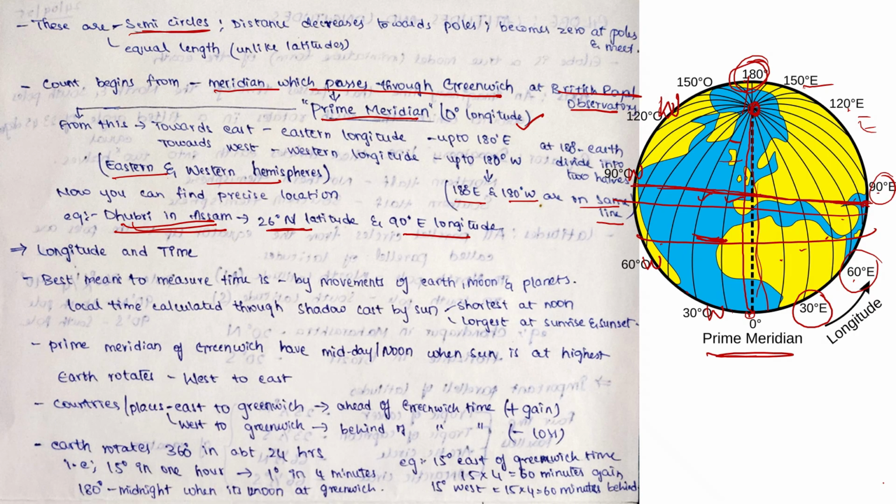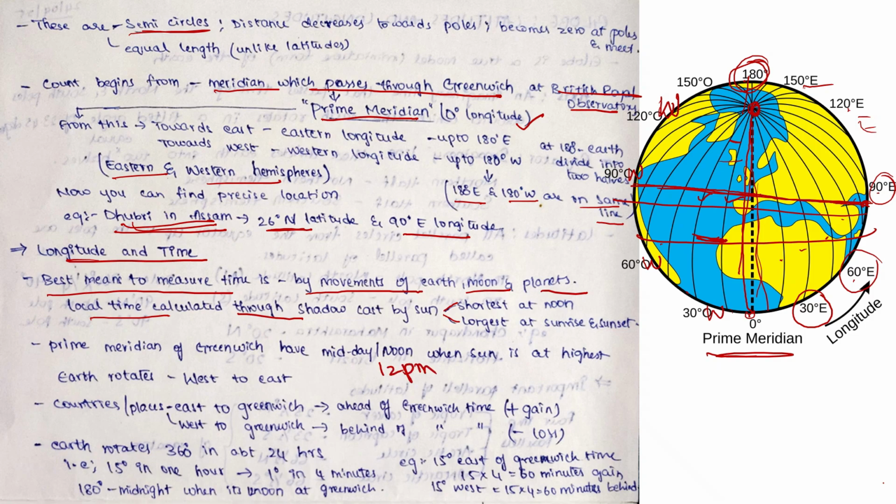Now let's see longitude and time. The best means to measure time is by the movements of Earth, Moon and planets. Local time is calculated through the shadow cast by the sun, which is shortest at noon and longest at sunrise or sunset. So the prime meridian has midday or noon, 12 p.m., when the sun is at its highest.